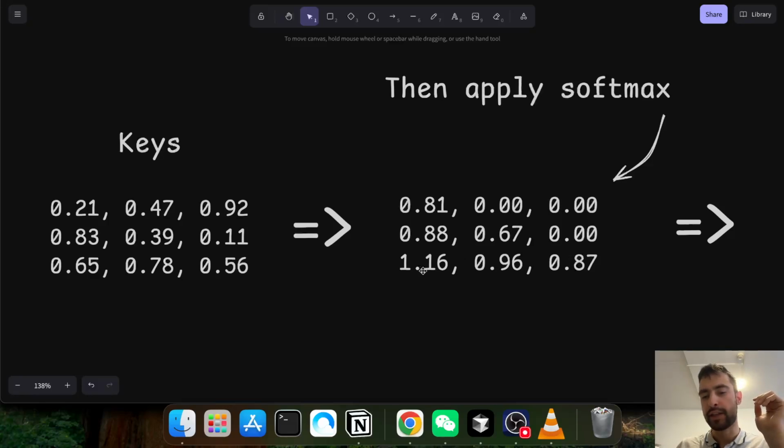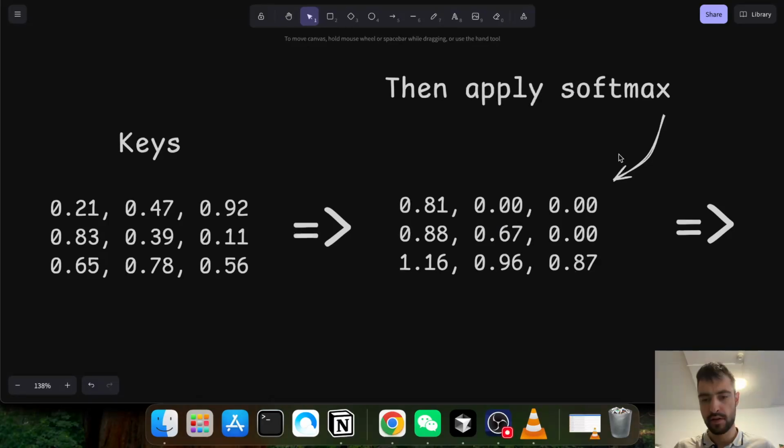It would be good that these add up to 1 for the third word, so then we can say that out of all of the context that we want to take, this is the highest number for the first word, so 55% of the new context should come from the first word, then a little bit less, 30% should come from the second word, and 15% should come from the third word.